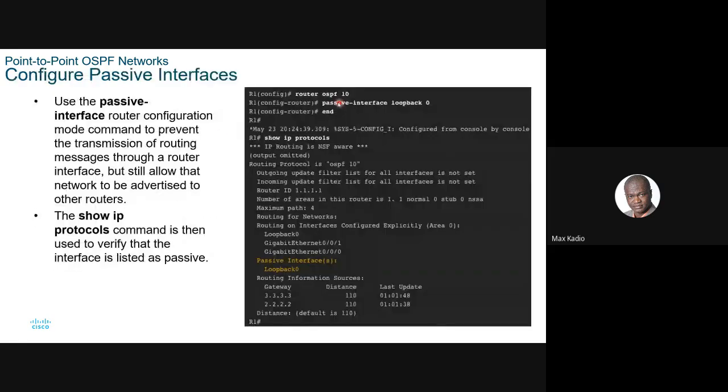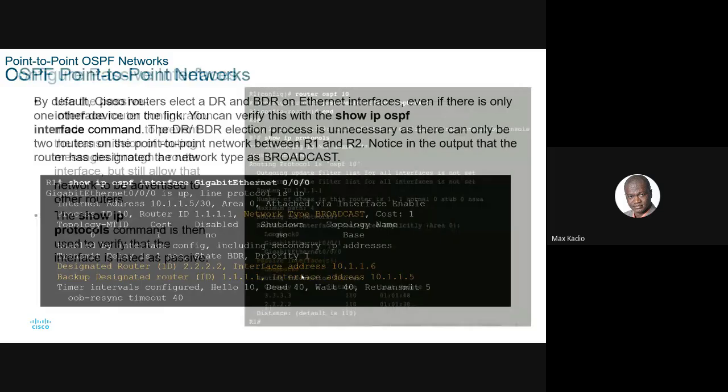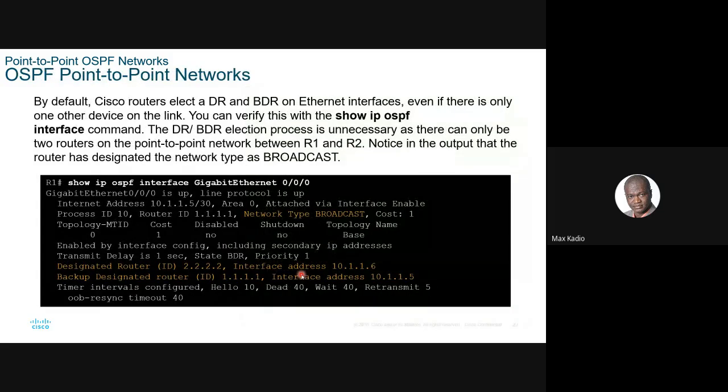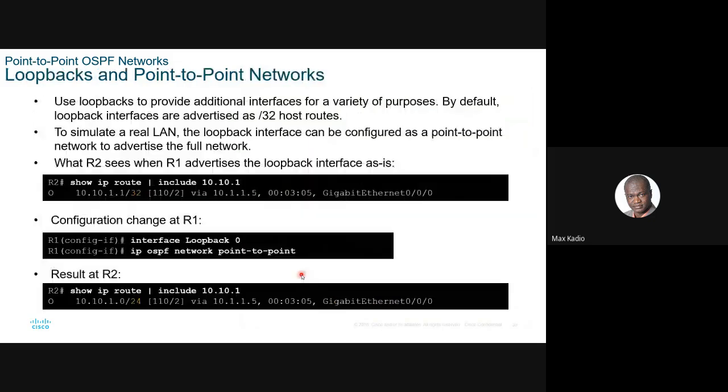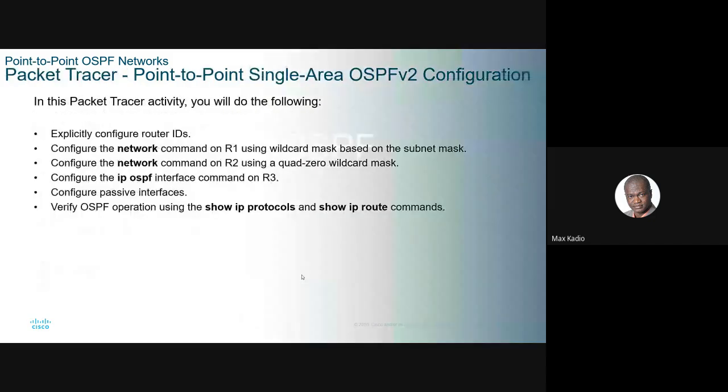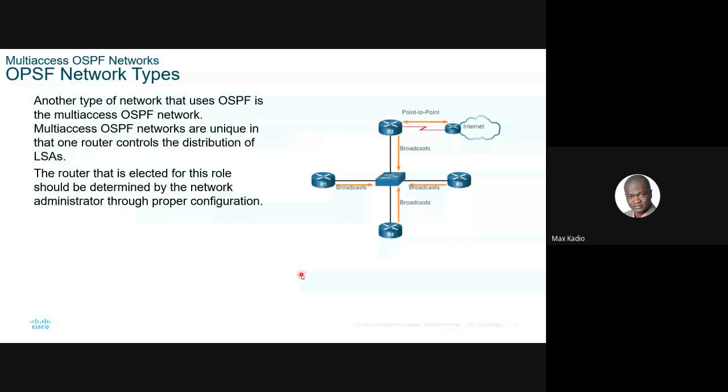Now this is how we configure the passive interface. We have many ways: router OSPF 10, passive interface, and you identify the interface that will be the passive interface. When it's done, you type show ip protocols and it will show you here what the passive interface is.